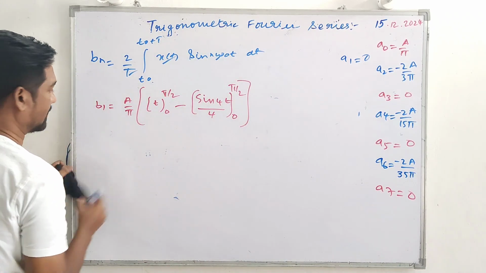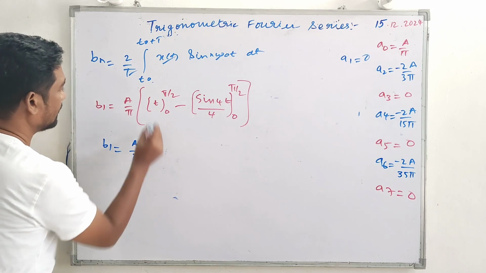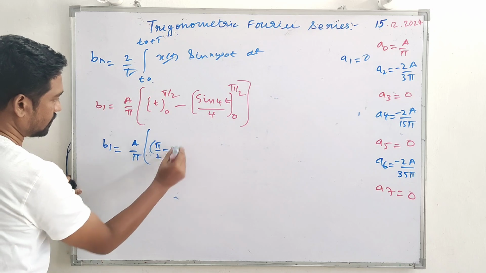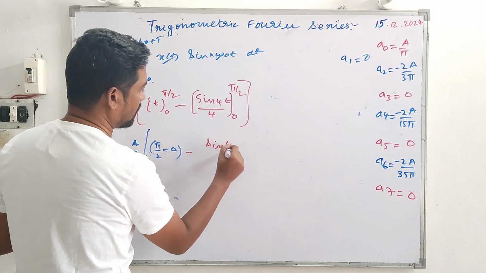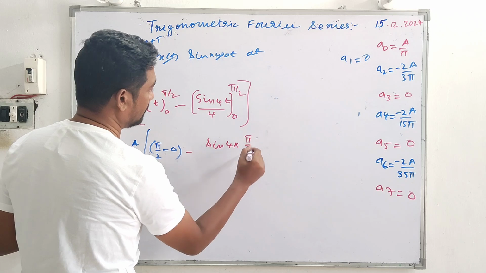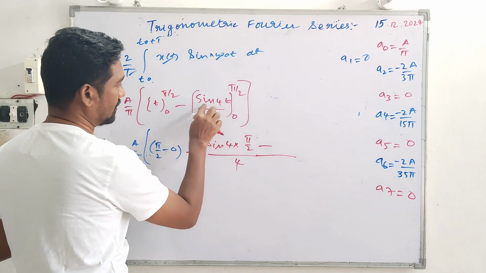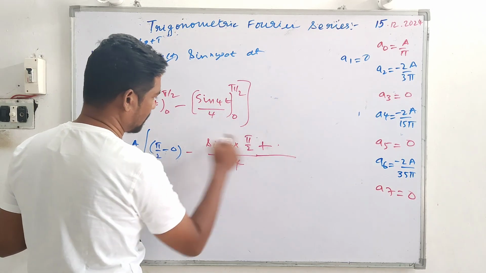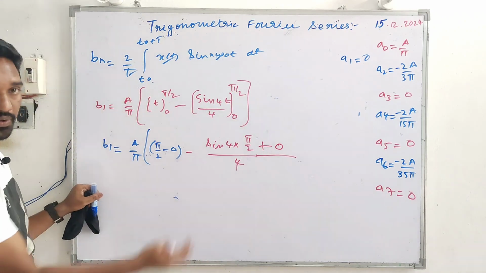And B1, further, B1 will be a by pi. For this one, pi by 2 minus 0 for the first term, minus sine 4 into pi by 2 by 4 minus lower limit, plus sine 0, negative for this one. Sine 0 is 0, no confusion over here.